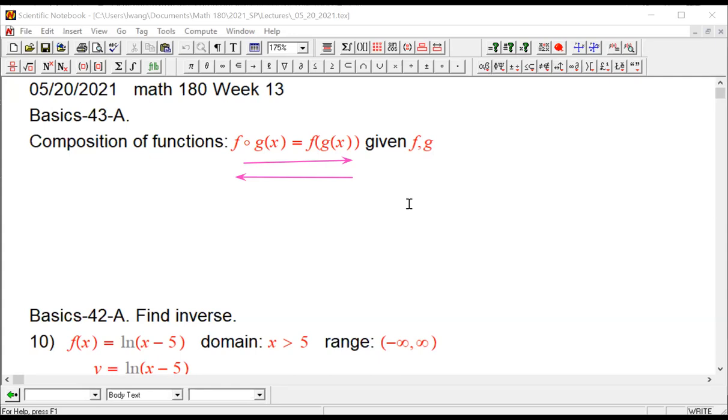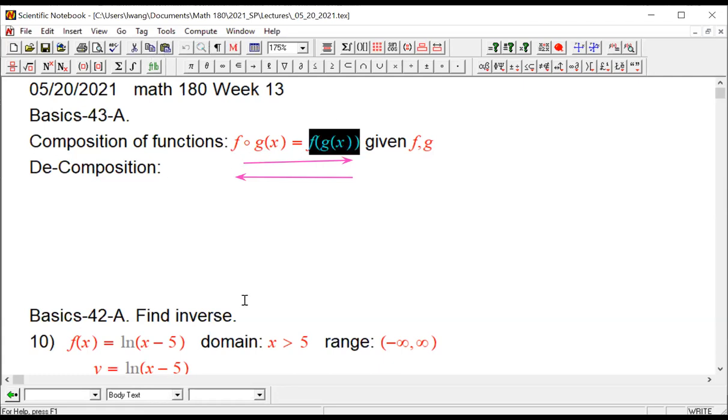I will call this decomposition. This word is created entirely by me, because I haven't seen such a word being used in other places. So I'm going to explain to you.